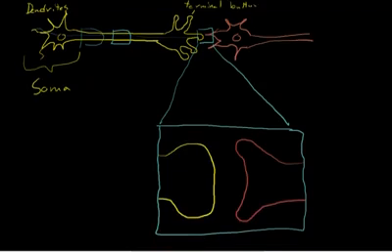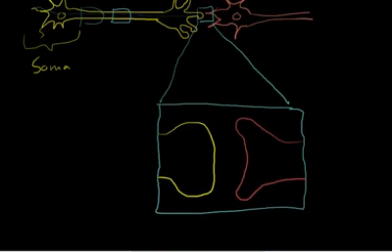And so what happens here is that the terminal button of this neuron has little chemicals stored inside of it, ready to go. So I'll just draw them as circles because it takes too long to draw an actual molecule. But there's some little molecules in here, and they're just stored, not doing anything, and then when the signal comes, when it gets excited, then they are released.